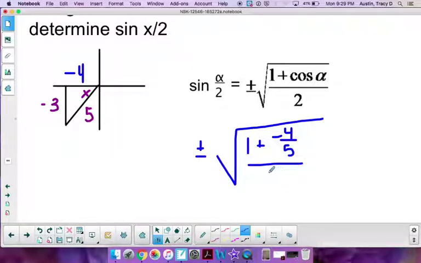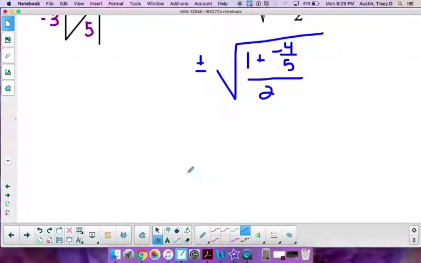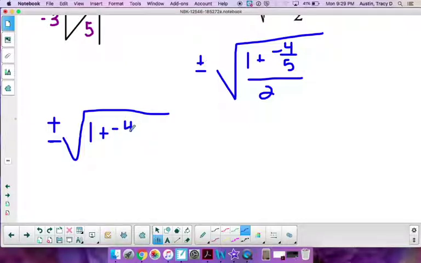And again, write it out horizontally, get a common denominator. So 1 plus -4/5, or 1 minus 4/5, doesn't matter, divided by 2, like normal.